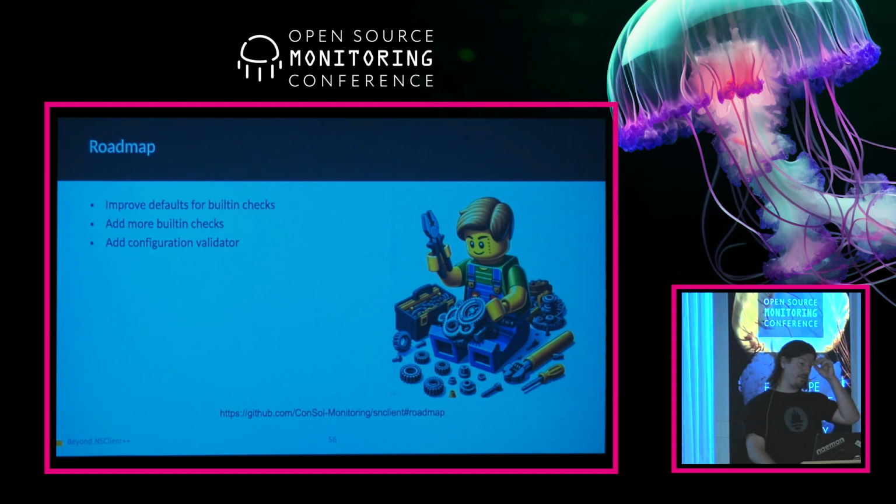Right now there's no configuration validator, so whatever you put in there, if it doesn't work, you will see it, but having a configuration validator would be a nice thing. The built-in help is not yet complete. There's a complete help on the web page, but we want to have it built in as well, of course. And maybe we will add some support for OpenTelemetry in the future.